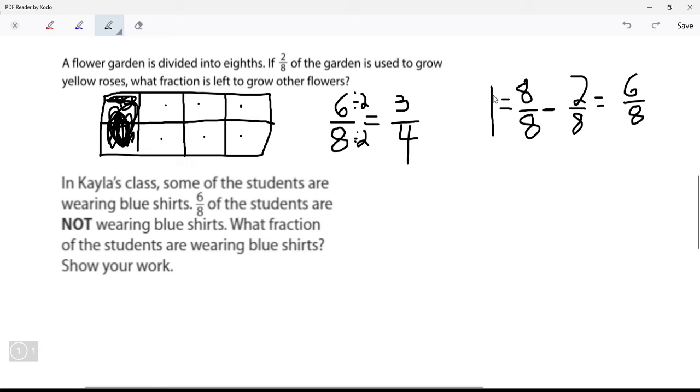So, I'm just going to take this "1 equals" part out of it because it kind of made that incorrect. But 8/8 minus 2/8 equals 6/8.